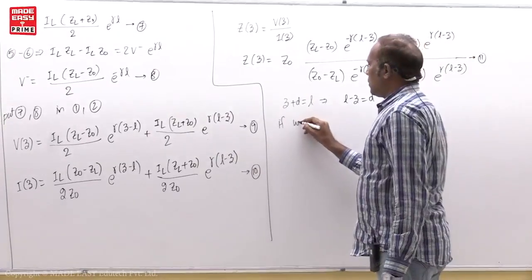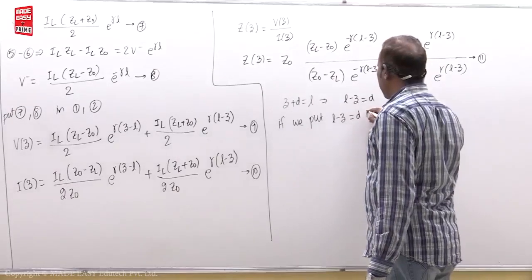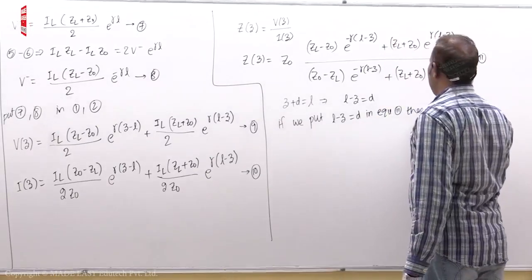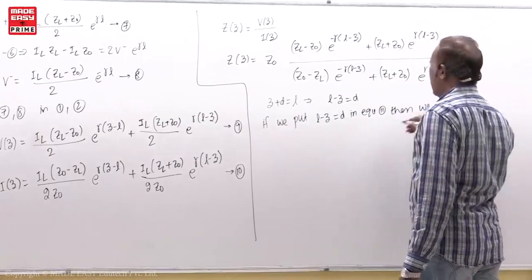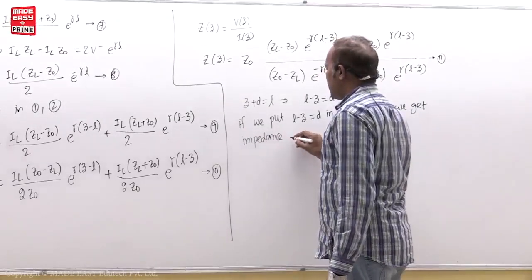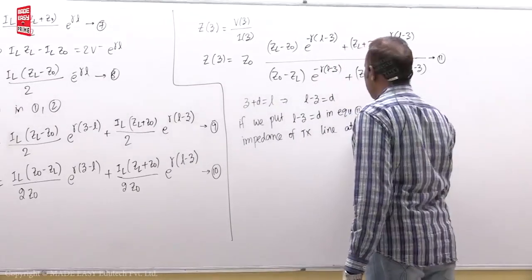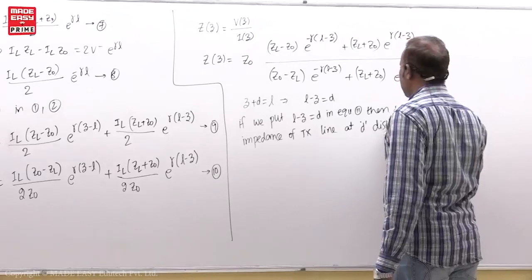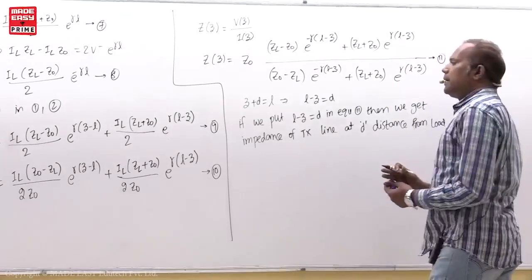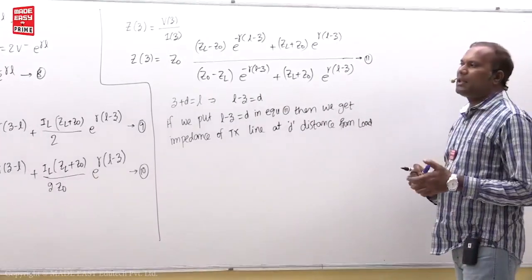If we put L minus Z is equal to D in equation 11, then we get the impedance of transmission line at D distance from load. I have done the same thing, students, in the previous case also.